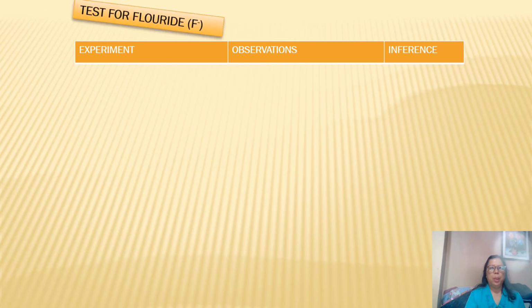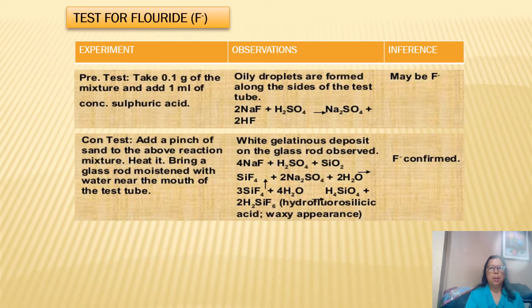And then we have here test for fluoride. When added with sulfuric acid, an oily droplet, a sort of an oily in nature, is formed at the sides of the test tube.